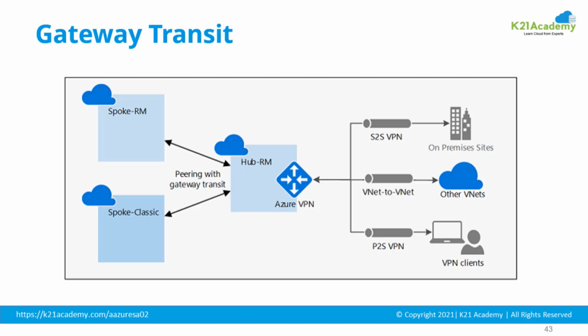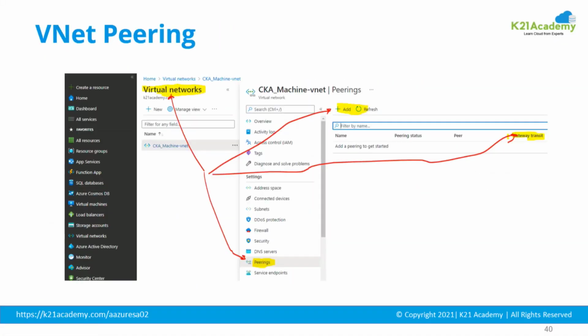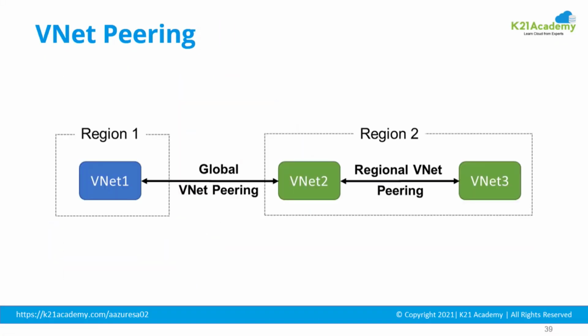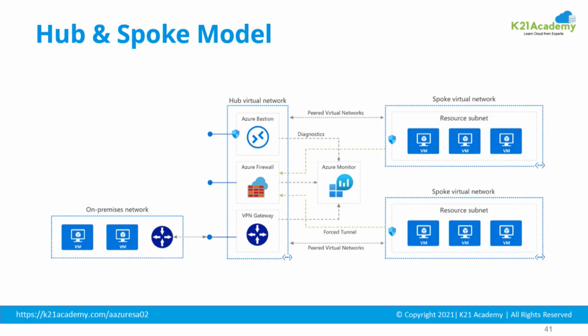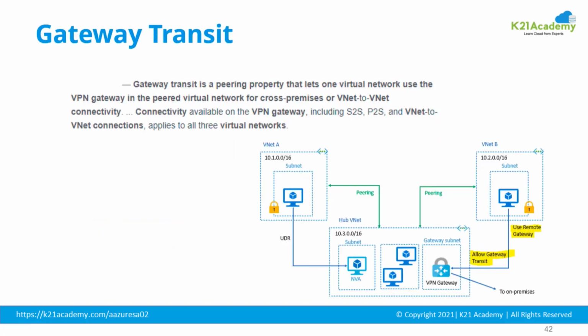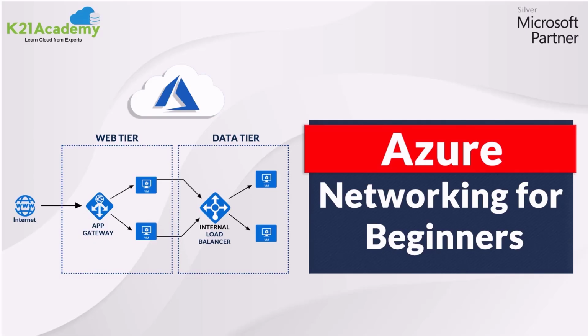So I'm peered, but with gateway transit. This can talk to these, and this can talk to these as well through this VPN that we've configured because we enabled gateway transit. So that completes hub VNet peering, which is of 2 types, global VNet peering or regional VNet peering, with a hub and spoke model with a setting called gateway transit.